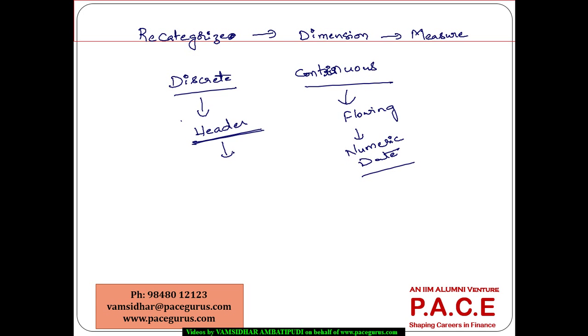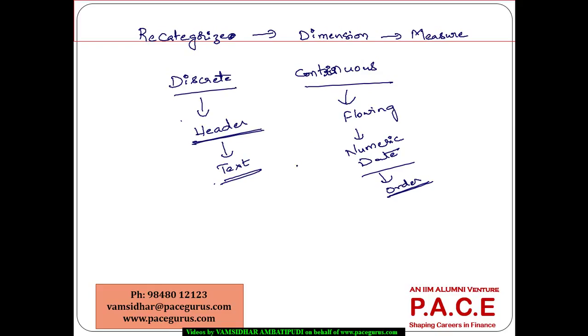Whereas here the text fields, to a large extent, are shown as discrete. And when they are continuous, the order makes a lot of difference. They have a logical relation, they have an arithmetic relation, so the order plays a very important role.